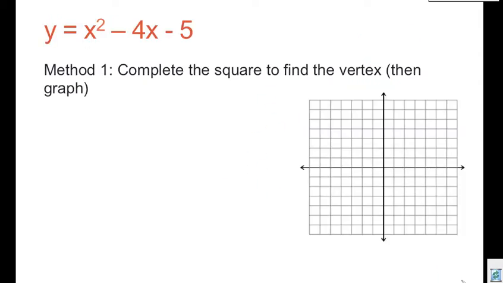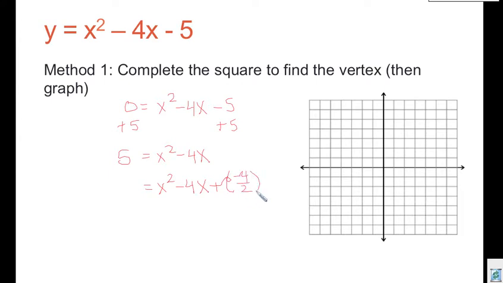So for this first question, we're going to graph it, and then we'll find the vertex. So to complete the square to find those intercepts here, x squared minus 4x minus 5, you can add the 5, and then we have to add that b over 2 squared.